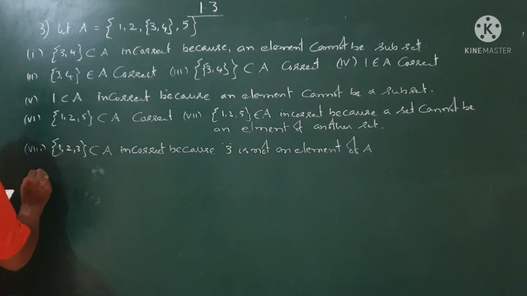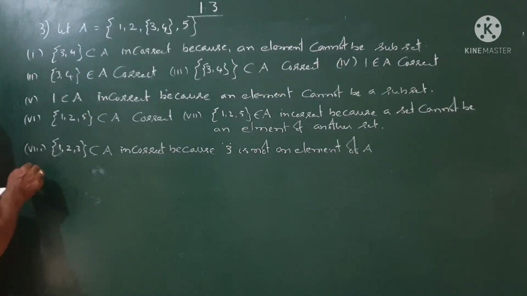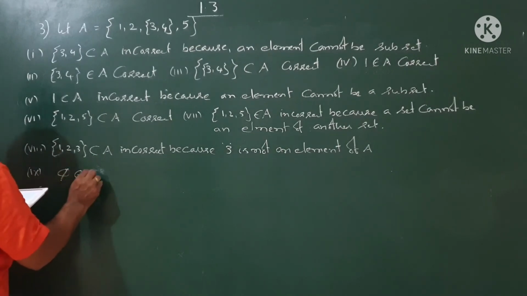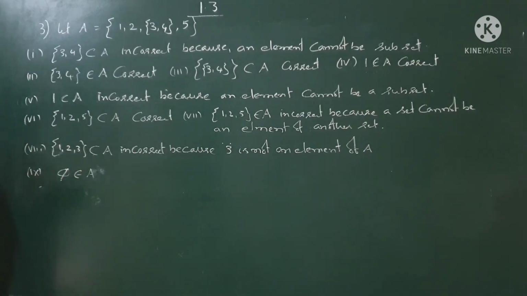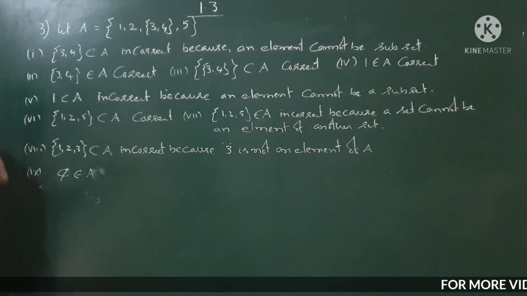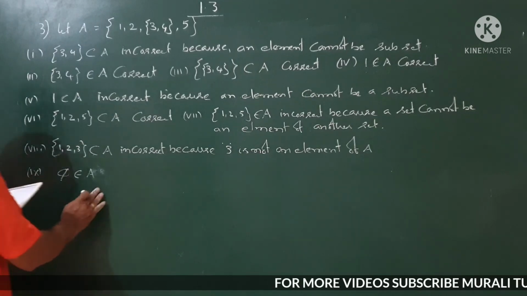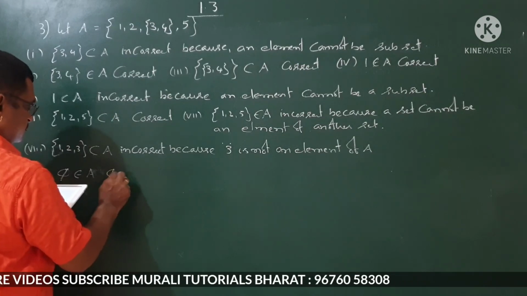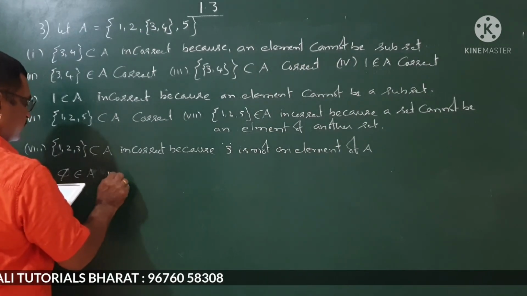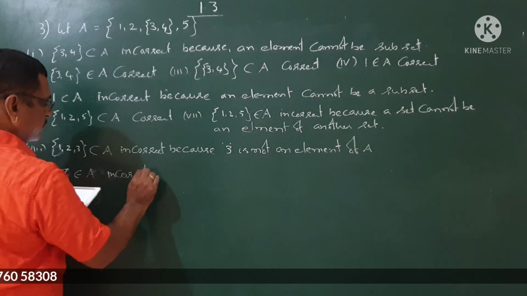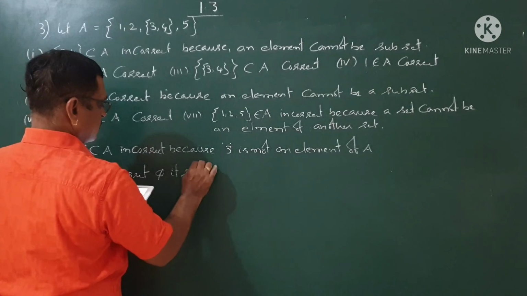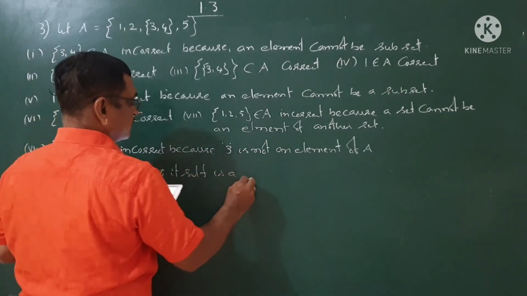Next, 9. Phi belongs to A. Phi itself is a set, and a set cannot belong to A here, therefore it is incorrect. Phi itself is a set.